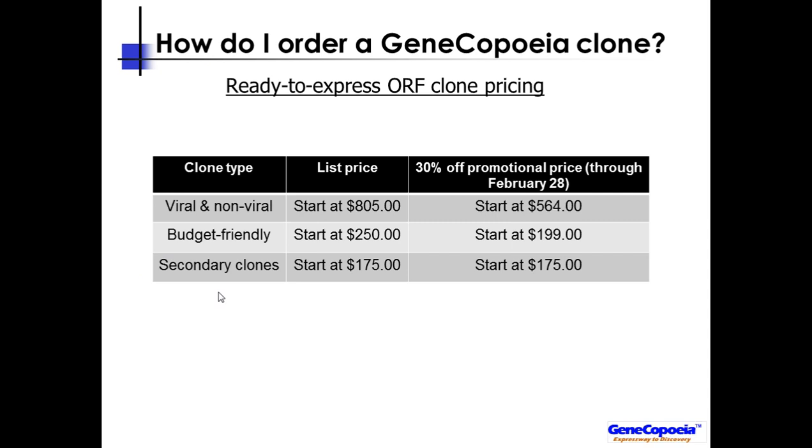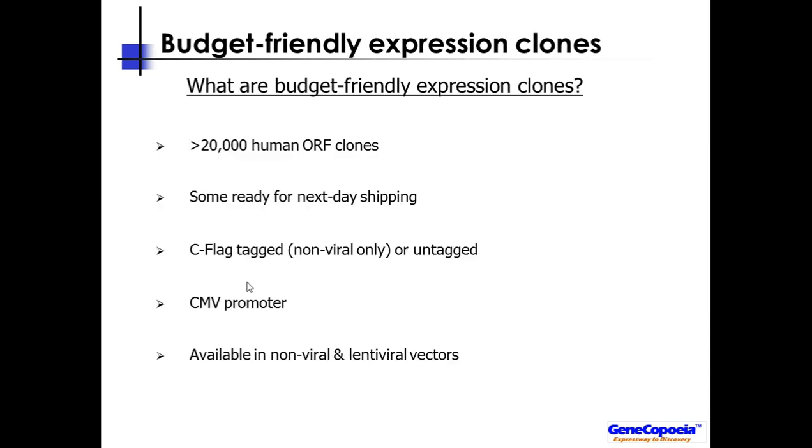It was only $175, and that's because it was subject to our secondary clone discount. What secondary clone discount means is if it has the same product ID but a different tag, by ordering that second one, you get a discount. And it's usually around $200, but again, they start at $175 till the end of the month. So that's the secondary clone discount.